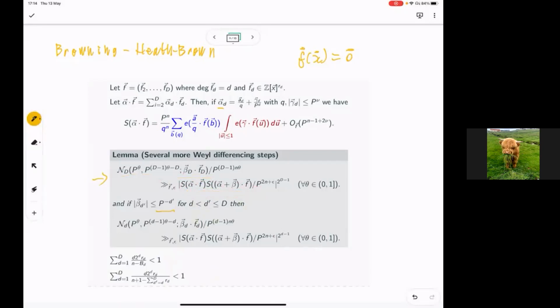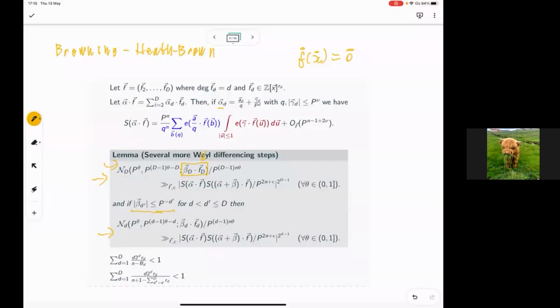So the idea is that we have always that the top degree part, the system of Diophantine inequalities associated to the top degree part of F is always large in the way that we had before. And moreover, if the betas associated to the high degree parts of F are small, then we can say the same for the low degree parts as well.